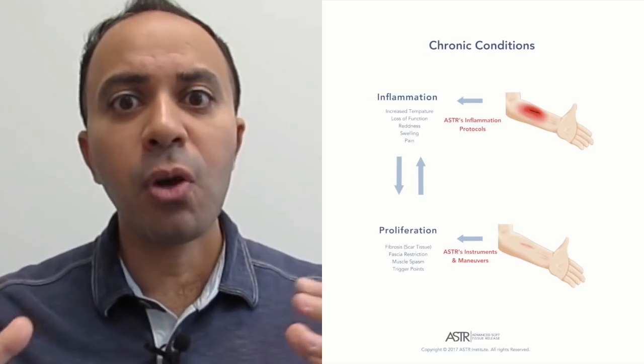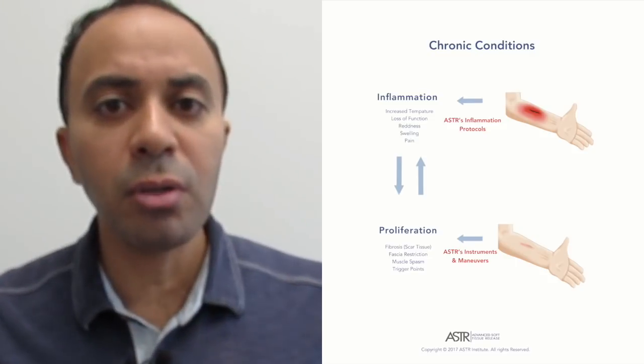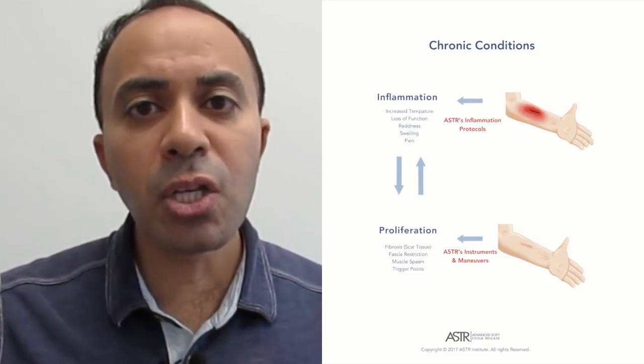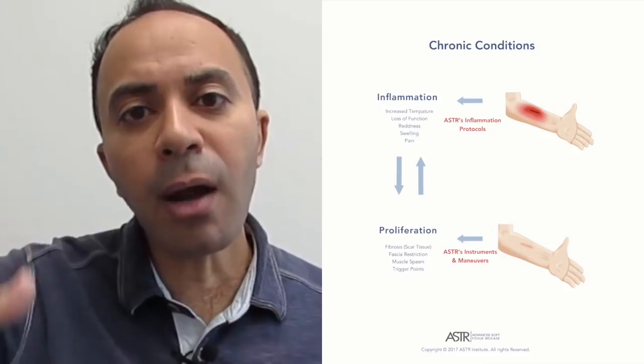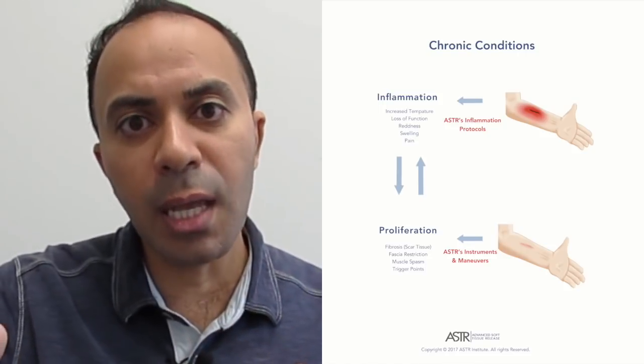The second thing I found is that a lot of the classes that teach instrument assisted soft tissue mobilization believe the instruments stimulate the inflammation stage, which does not make any sense. If someone has scar tissue and you cause more inflammation, the cycle has to go down to the proliferation stage.